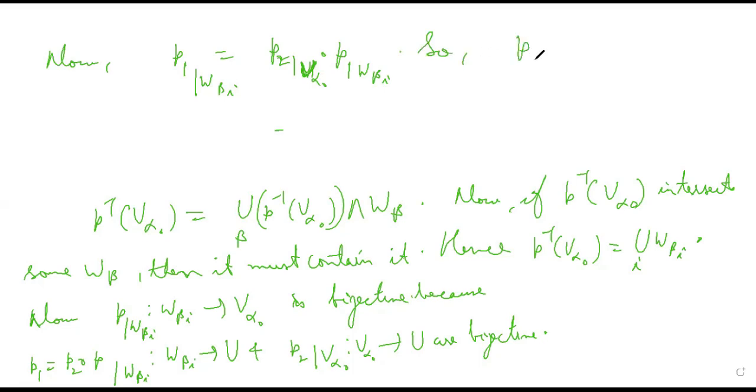So P1 restricted over W beta I equals P2 restricted over V alpha naught inverse composed with P1 restricted over W beta I. Right. So this is a homeomorphism, this is a homeomorphism. Hence the composition is a homeomorphism.